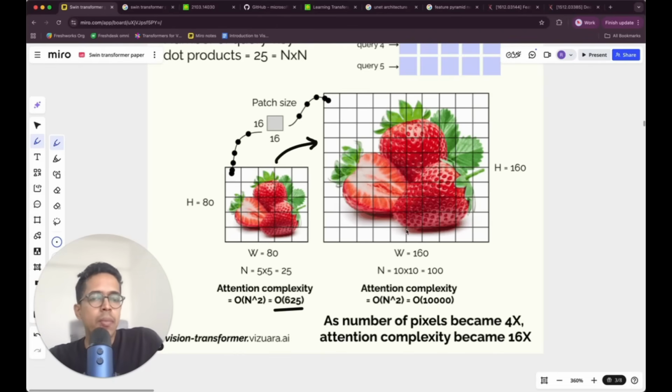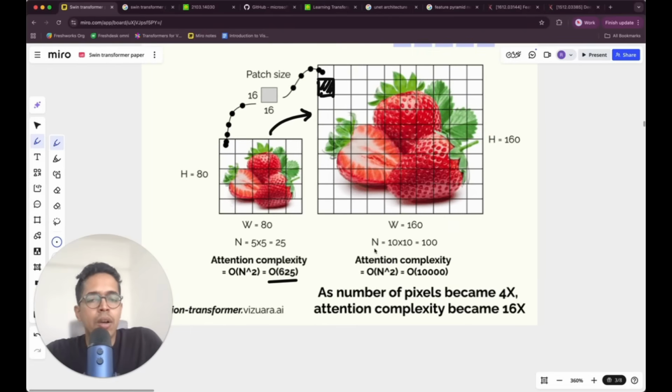So now my number of tokens is what? 10 by 10, because each patch is 16 by 16. So this is one patch. And like that, I have 10 patches along the row and 10 patches along the column. So total, I have 10 by 10 equal to 10 multiplied by 10 equal to 100 patches. So now attention complexity will be on the order of n square. So what is square of 100?